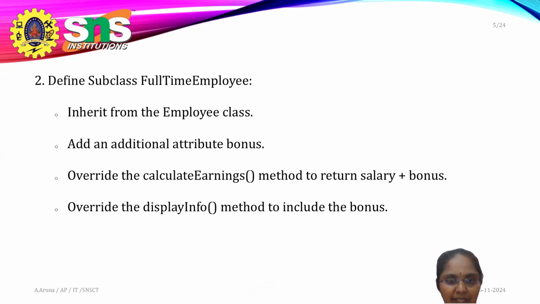The full-time employee class will inherit the Employee class, and we're also going to add an additional attribute called bonus. It will override the two methods, because they are already defined in the base class and can be overridden in my subclasses. That is, the full-time employee's calculate earnings and display information.